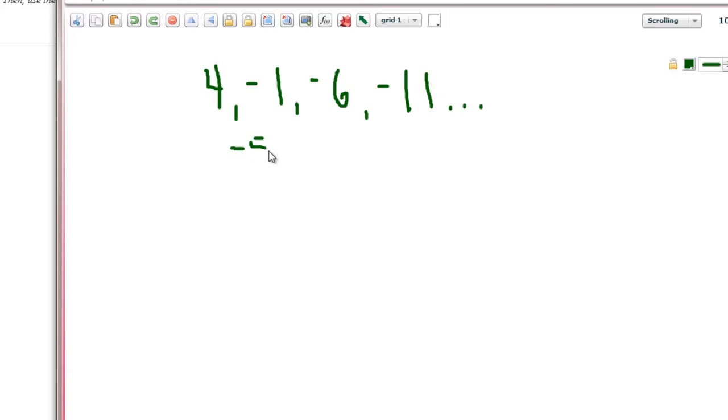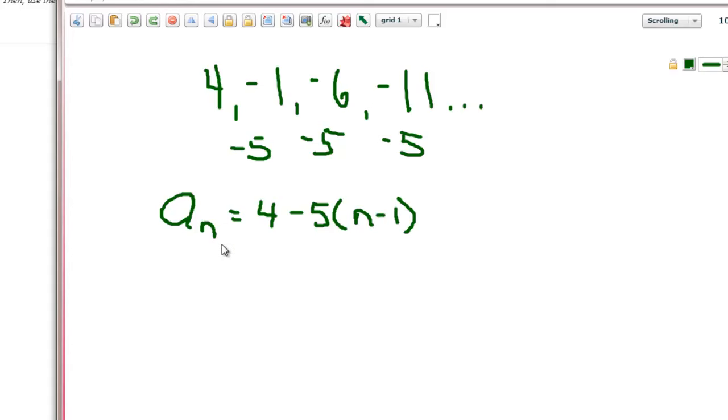Subtract 5, subtract 5, subtract 5, and so on. So it keeps subtracting 5, so we have something called a common difference. And so a sub n here is going to equal the first term plus the common difference. Well, in this case, it's going to be minus 5 times n minus 1.